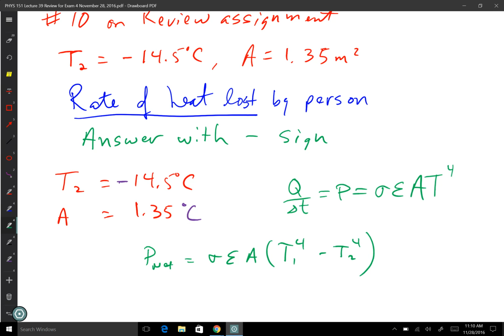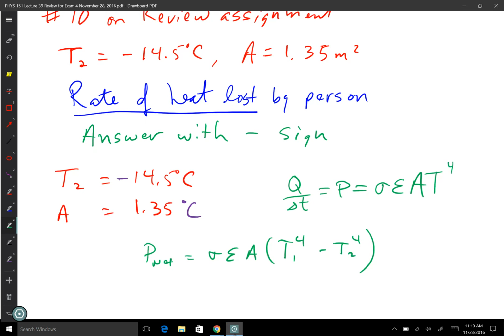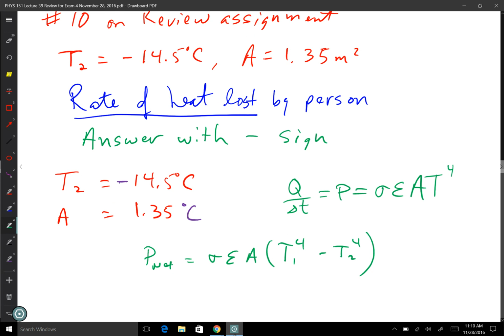Well, if it's the power that is going to be emitted by an object, then you put the temperature of the object first. If it's the power absorbed by the object, then you put the temperature of the object with the negative sign. So in this case, since it's the loss, this will be the temperature of the person and the temperature of the environment.